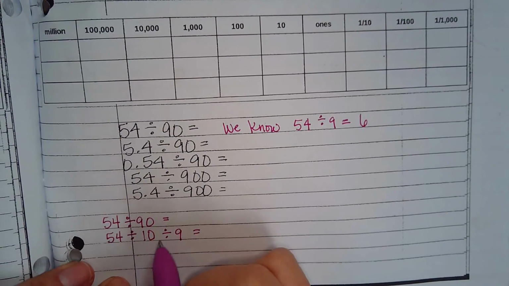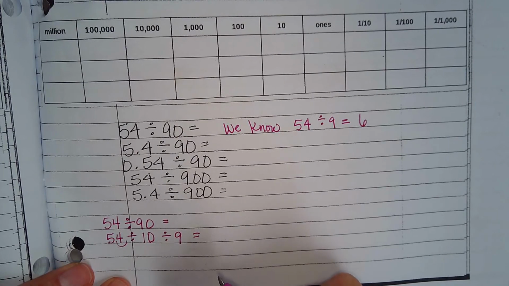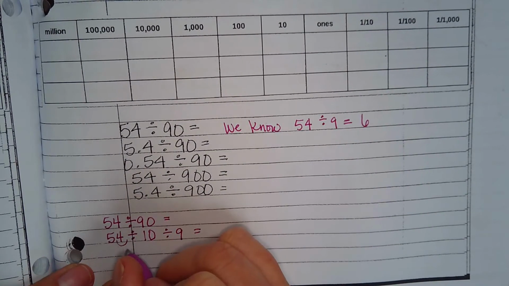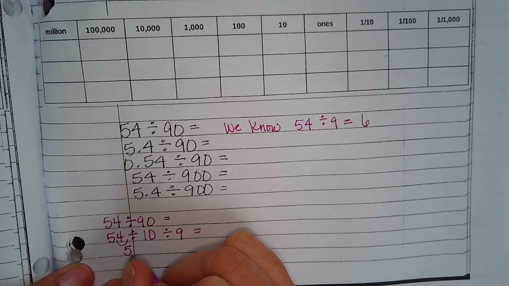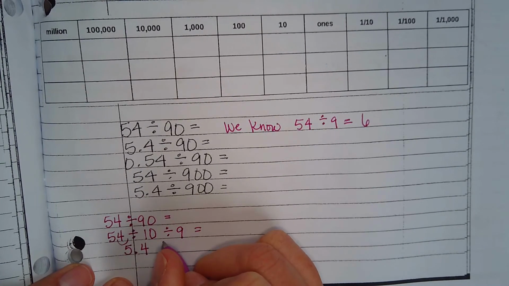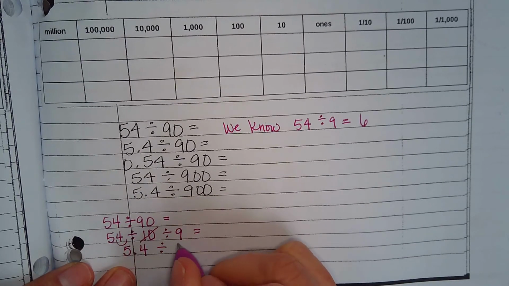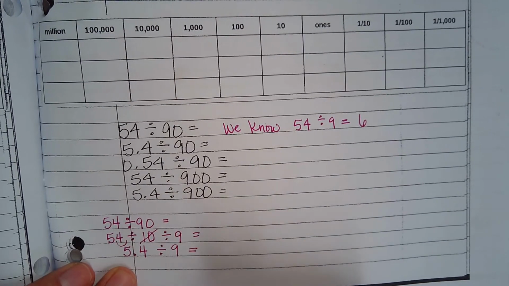All right, so 54 divided by 10. Well, we know to go ahead and first move that decimal over. So we end up with 5.4 divided by, and so now we're going to get rid of that, and now we have just divide by 9.